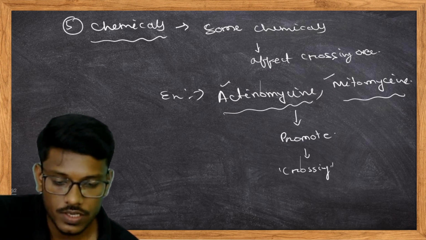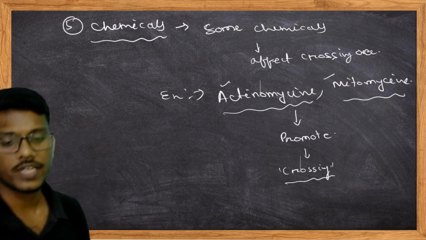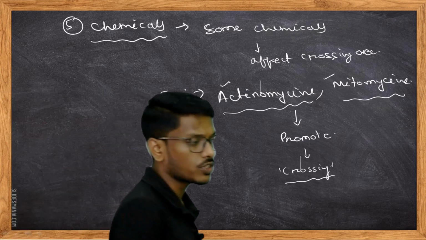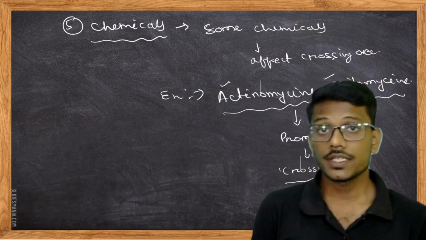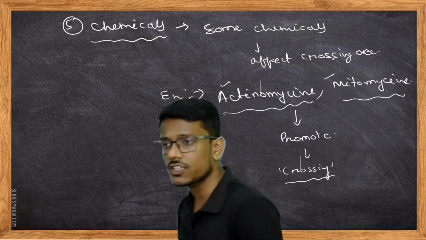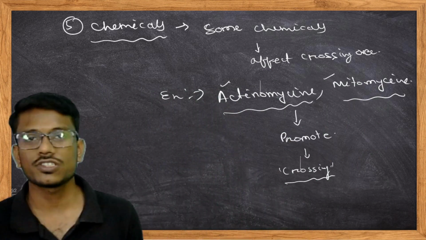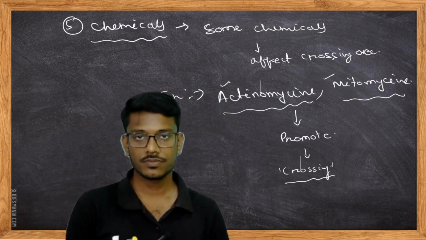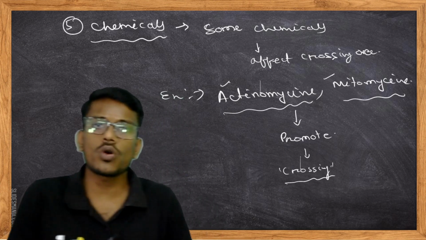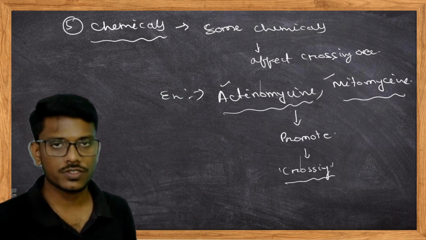That means if we take actinomycin or mitomycin during gamete formation, there will be chances of more crossing over. If there is more crossing over, in the next generation we will get more recombination. The new individual will have more recombinant characteristic features.